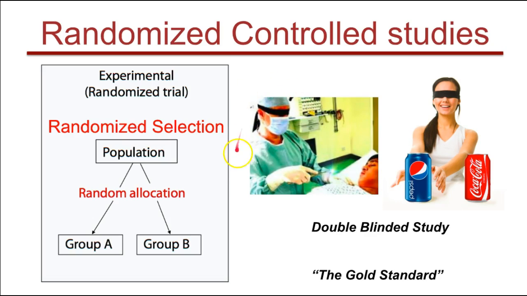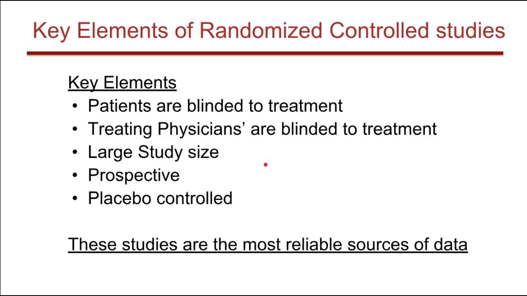This is a good thing in this particular case, although operating blinded is not a good thing. Some of the key elements of randomized controlled studies are the patients are blinded to treatment, the physicians are blinded to the treatment. Good studies have large study size. They are always prospective. The ideas are set up before you actually conduct the experiment.